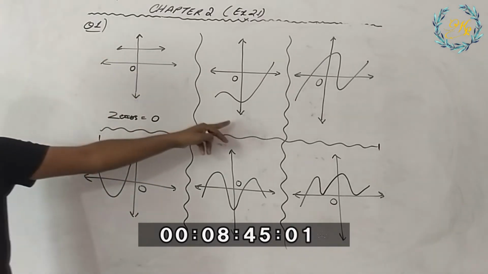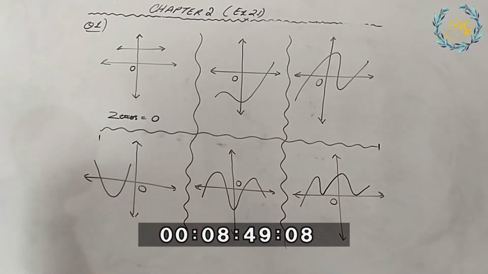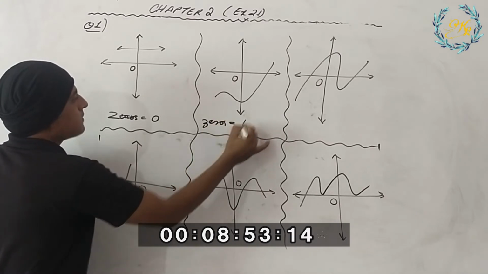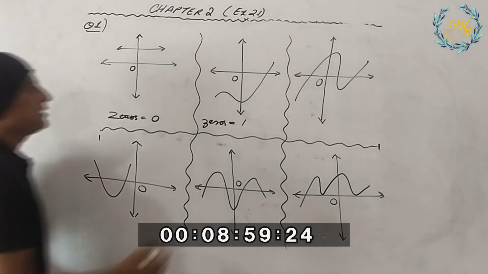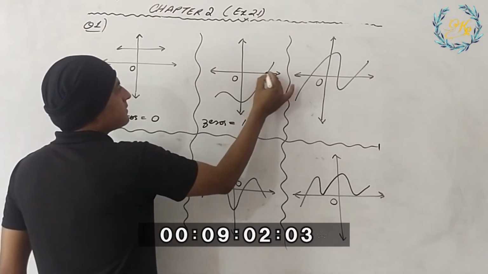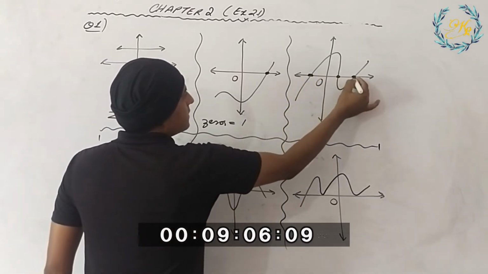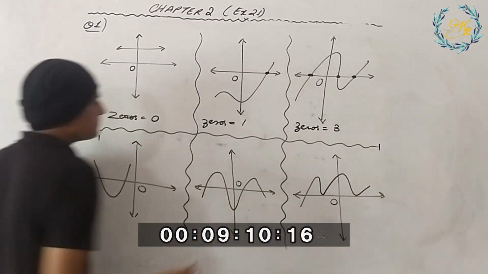Okay, look at this one. This graph is touching the x-axis at one point, hence the number of zeros is 1. If you see a third one, that graph is touching the x-axis at 3 points, hence the number of zeros is 3.